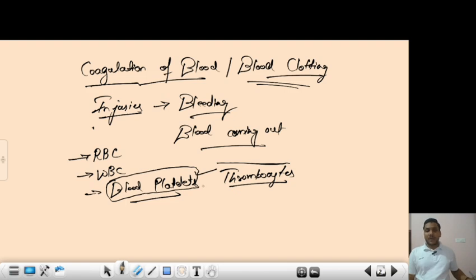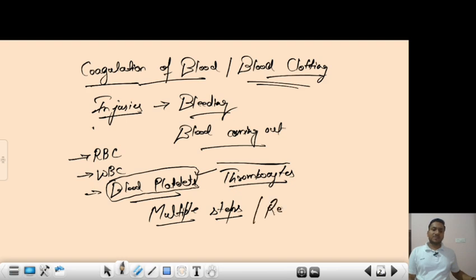So, basically blood clotting is not a single step process, it involves multiple steps, or we can say multiple reactions.